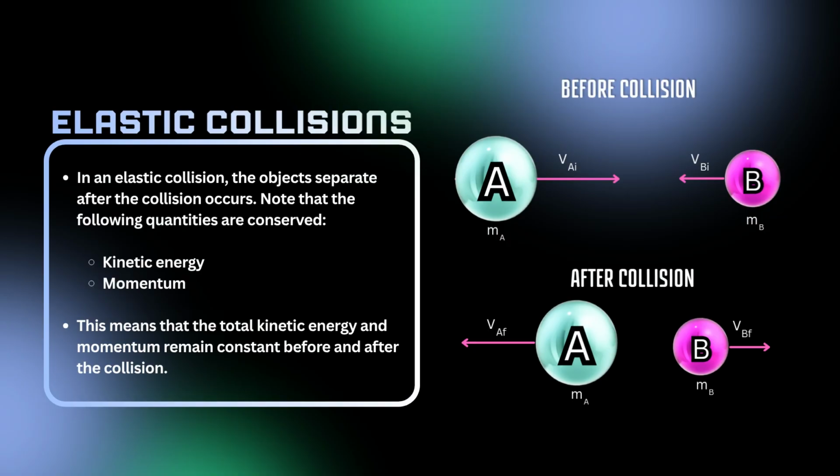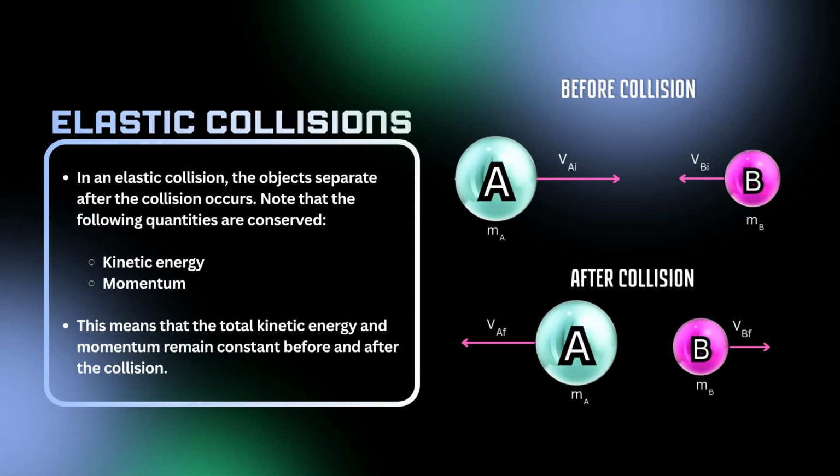We're focusing now on elastic collisions, a fascinating concept in physics where the objects involved separate after impact. The key takeaway here is that two important quantities are conserved: kinetic energy and momentum.